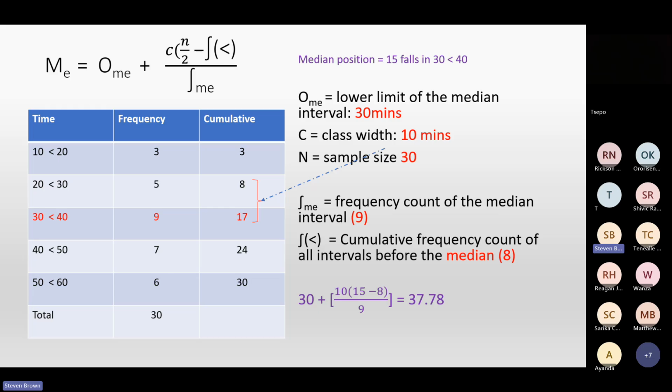So you put your 10 in there. Then it asks you for n divided by 2, which is the 15 you've just looked for. That's your median data point. So that's 15. That's n, which is 30 divided by 2, minus the cumulative frequency of all the intervals below your median interval.